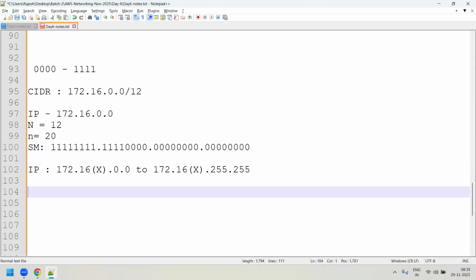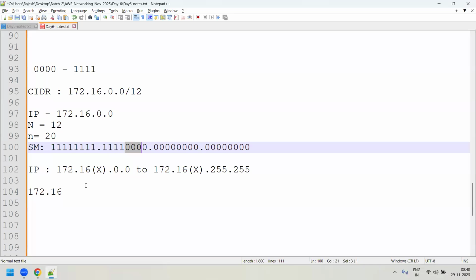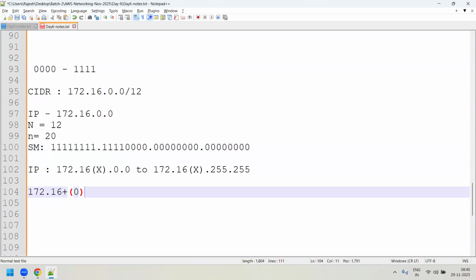Now it's the same thing. For example, here what happened, right? 172 dot 16. Because if this considers the 4 bits, what will happen? The formula will be something like this: 16 plus X, where X is 0 only, right? Dot 0 dot 0, to 172 dot 16 plus X. What is X?